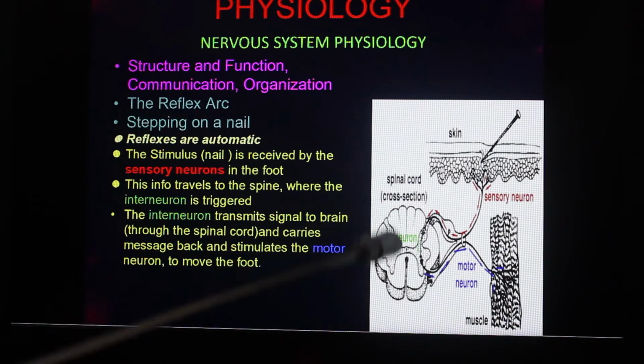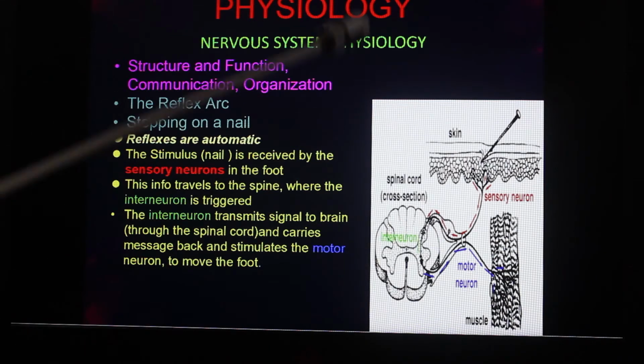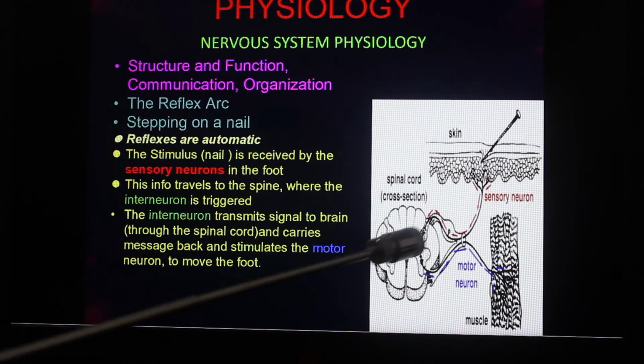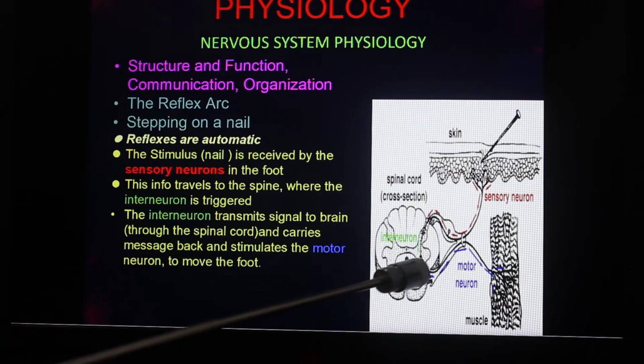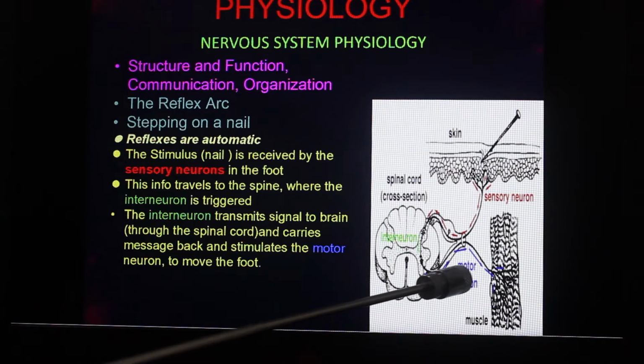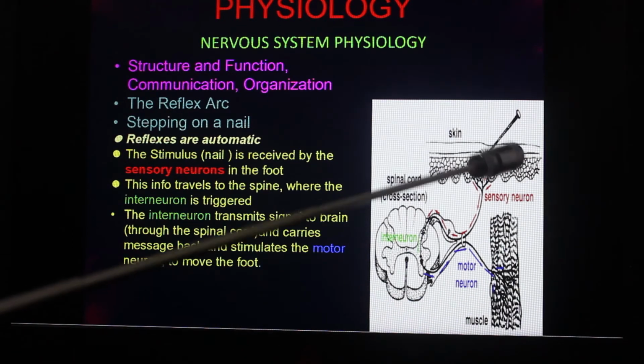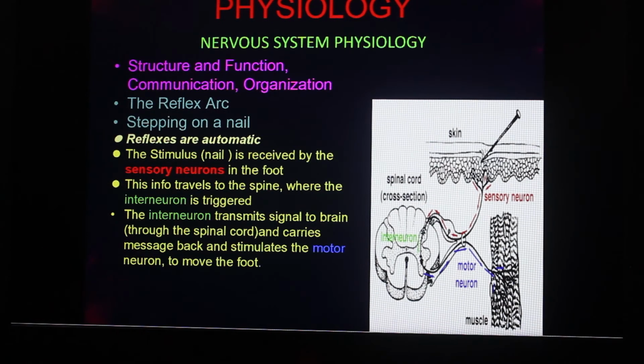The spine and the brain make the central nervous system. So the neurons send messages to the motor neurons of your muscles, and then you pull your leg off the nail.